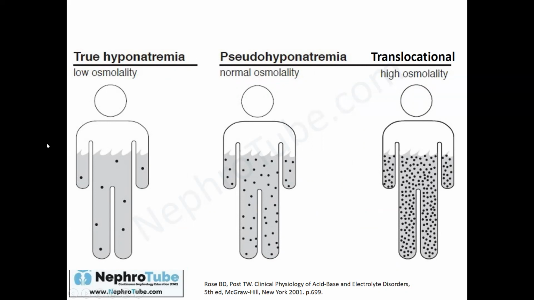Both of these are not true hyponatremia. In one of them, as I will show you now, sodium is not low, it is a lab error. In the other, the sodium is low, but secondary to other factors not related to a sodium disorder.